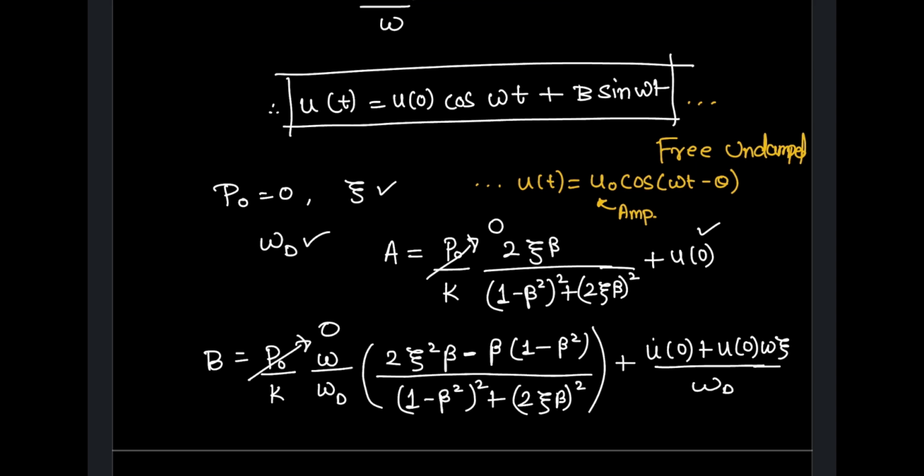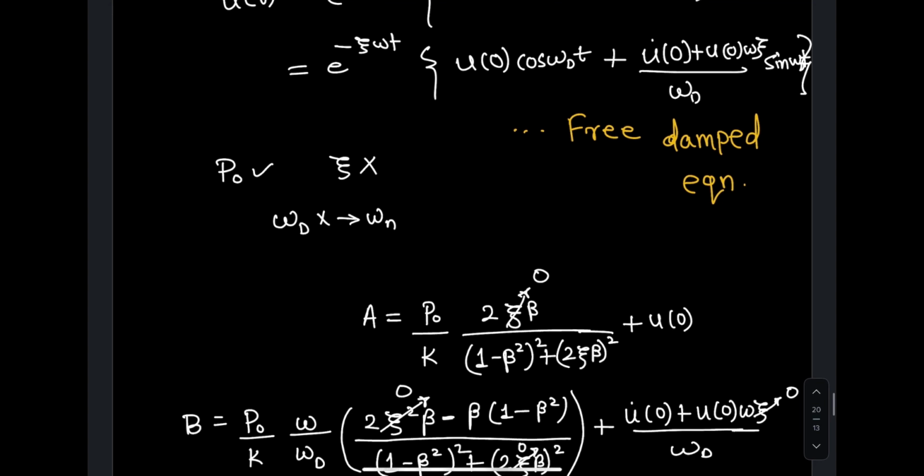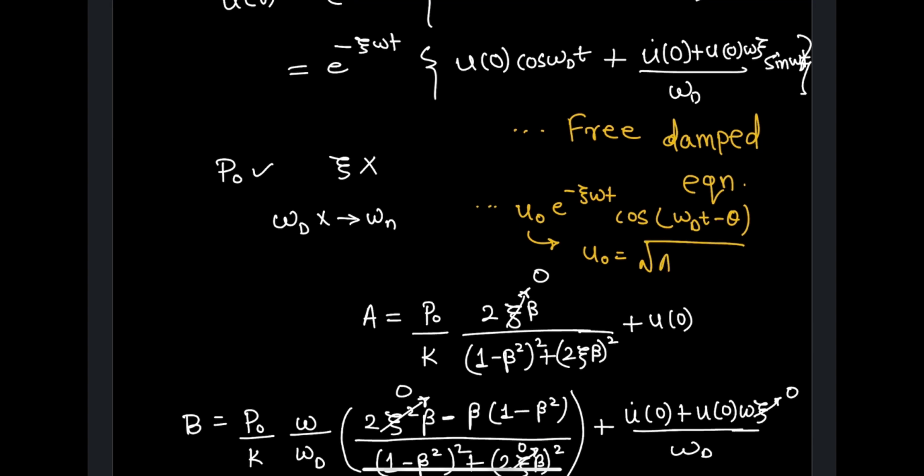So u naught can easily be obtained from the square root of a square plus b square, the constants that we just found. In the case of the free damped equation, you may see the equation written as u naught e raised to minus zeta omega t cos (omega d t minus theta), where again u naught can be found as the square root of a square plus b square.